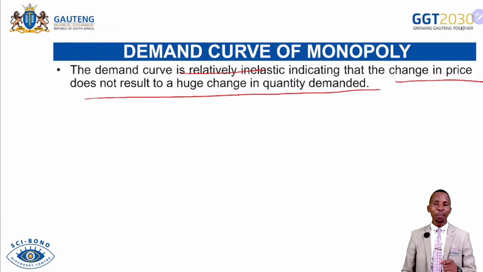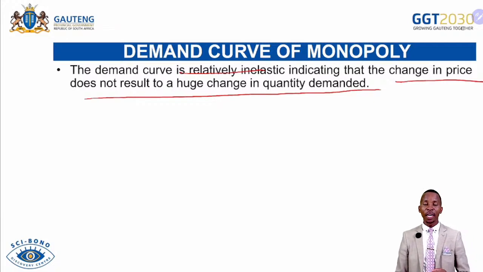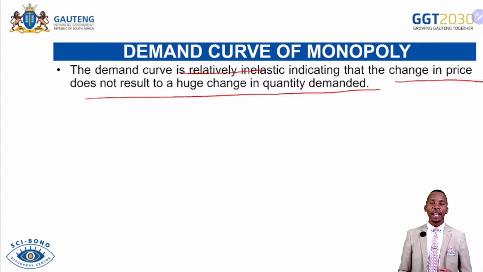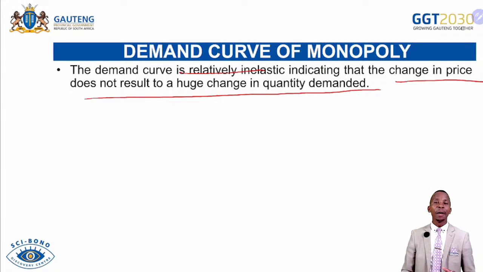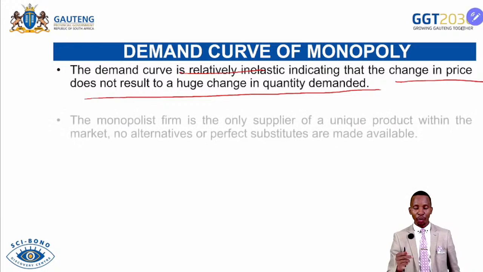If consumers cannot demand the product from this firm, they will go without the product. Remember, the product does not have a perfect substitute. So consumers will always demand the product, regardless of whether the price is higher or lower. Meaning, in this case, consumer sensitivity is very low because the product is supplied by one firm and has no substitute. That leads to the demand curve being relatively inelastic as it is downward sloping.